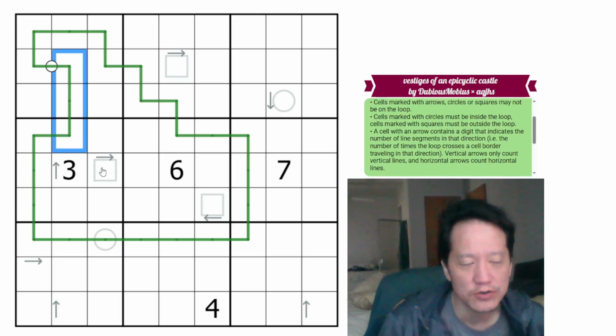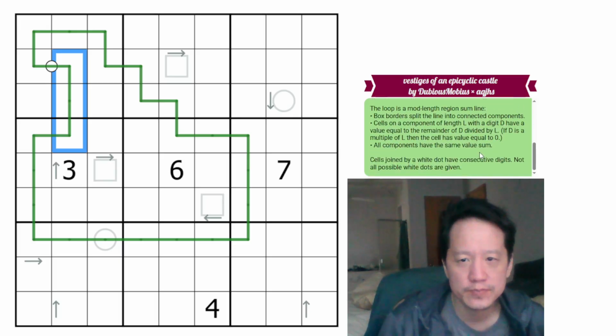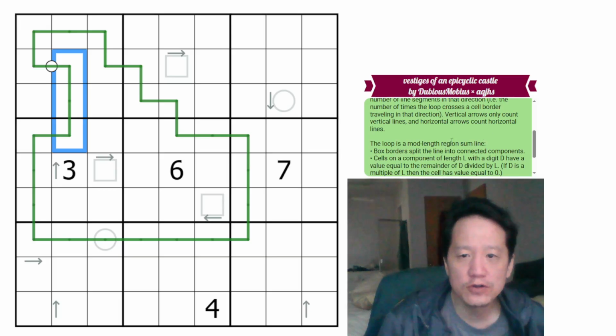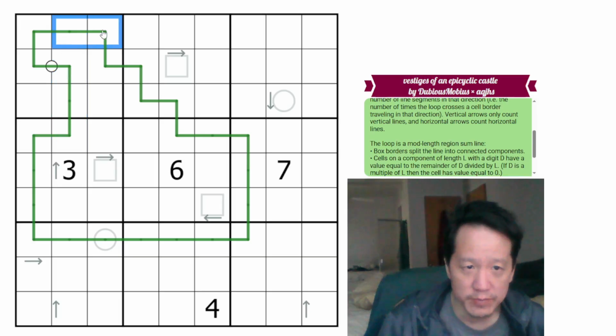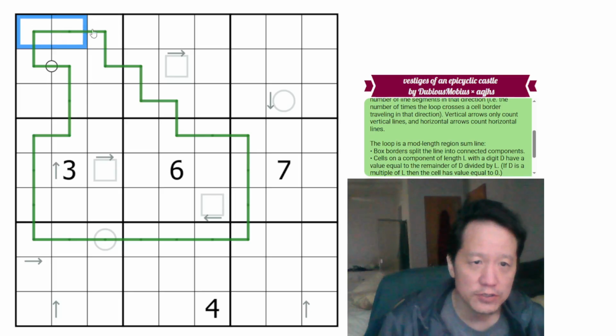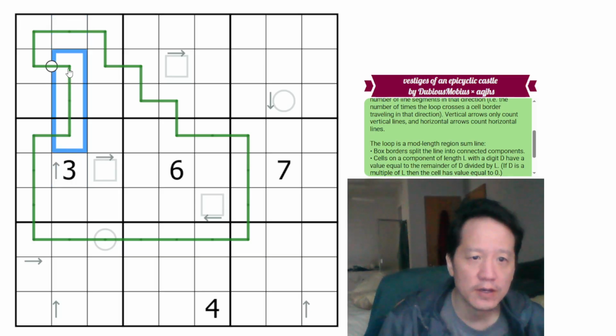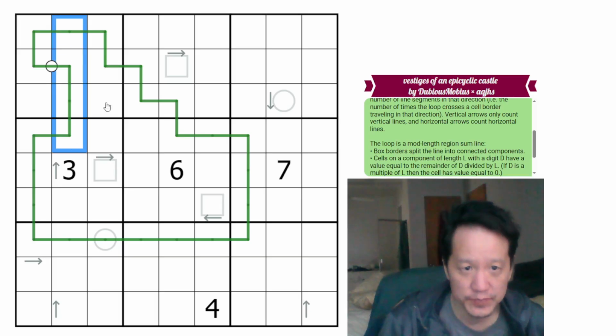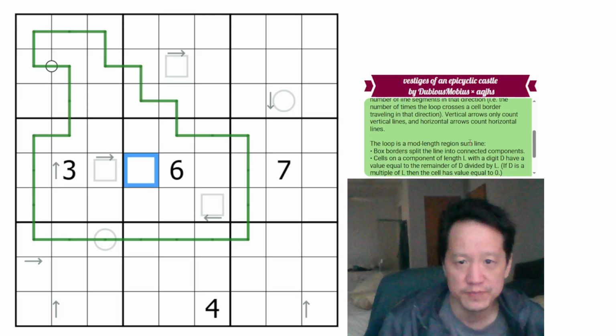So that should tell you some information. Vertical arrows only count vertical lines, so this only counts these. It doesn't matter that it's crossing this way, those don't count. So these two would not count toward the 3. It's specifically counting cell borders that the line crosses vertically.